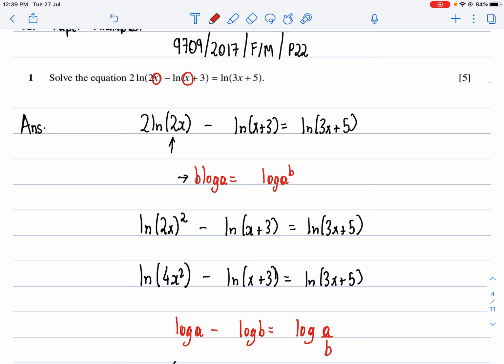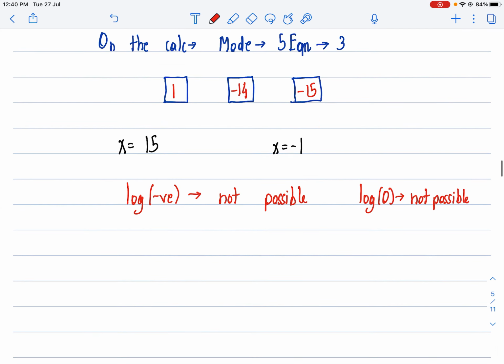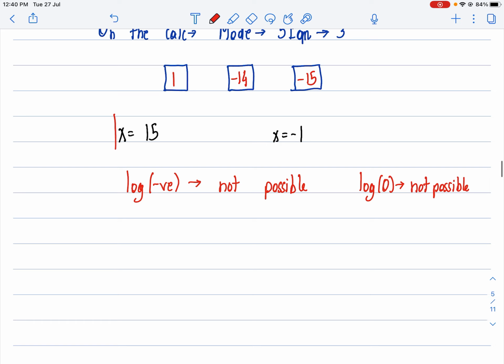If I put 15 here, I'll get 15 plus 3, which is 18, a positive value. So ln of positive is okay. And when I put 15 here also, I get 3 into 15 plus 5, which is a positive value. And ln of a positive value is possible. So I know that 15 here is a confirmed answer for sure.